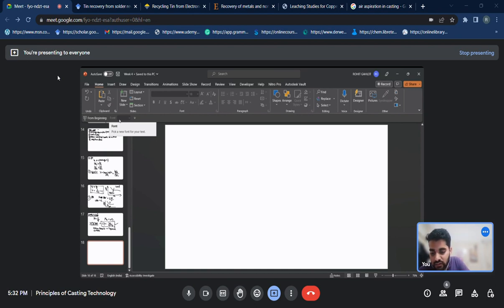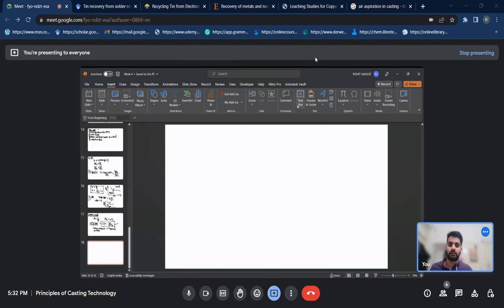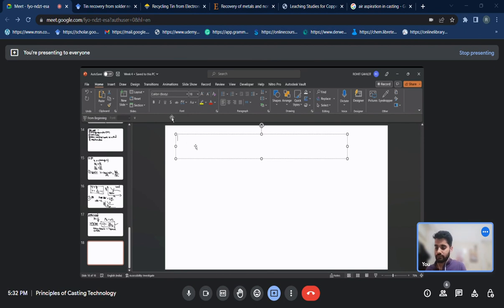If this is given in your question, how will you calculate the dimension of the side riser? I will write it for you.